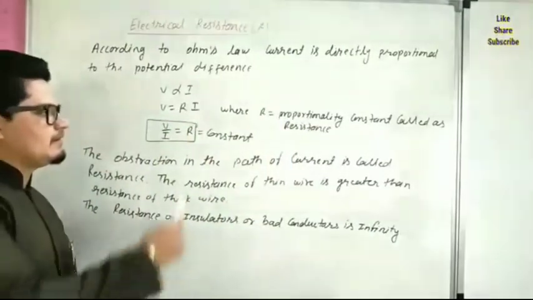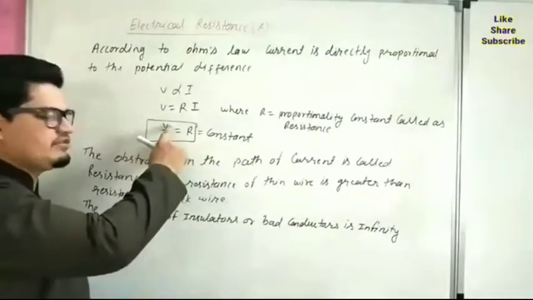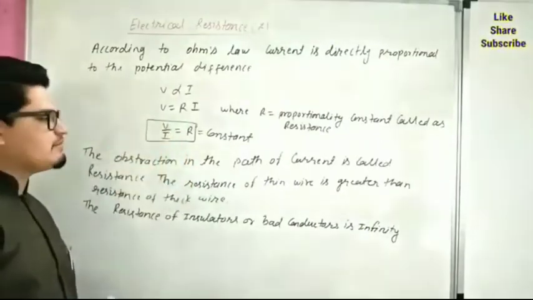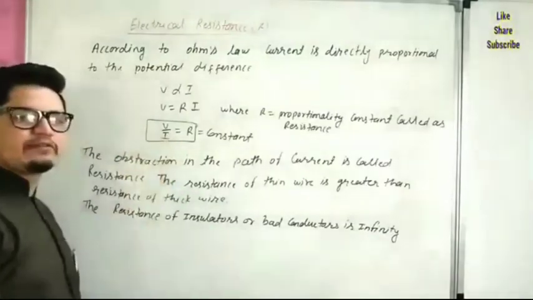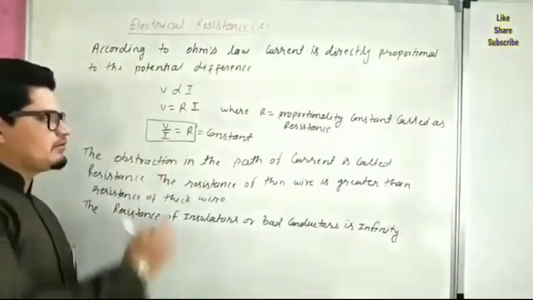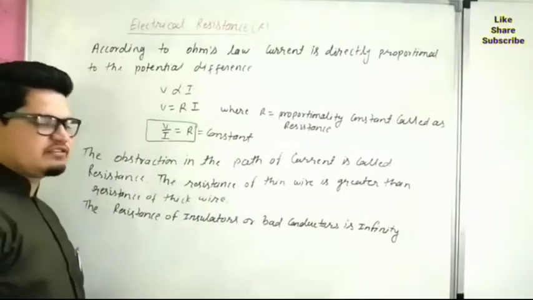So resistance is V by I. It is the ratio of potential per unit current. It is the potential required to flow unit current through the conductor. So V by I is equal to R, and this R is constant.